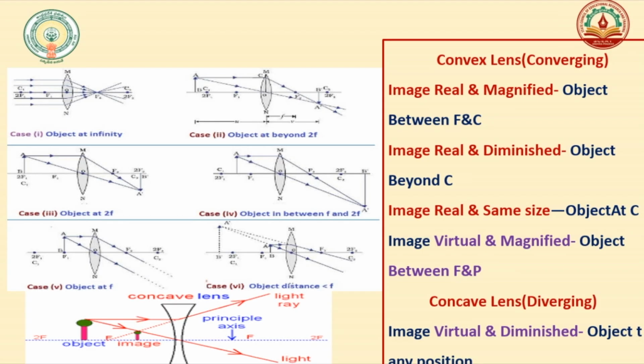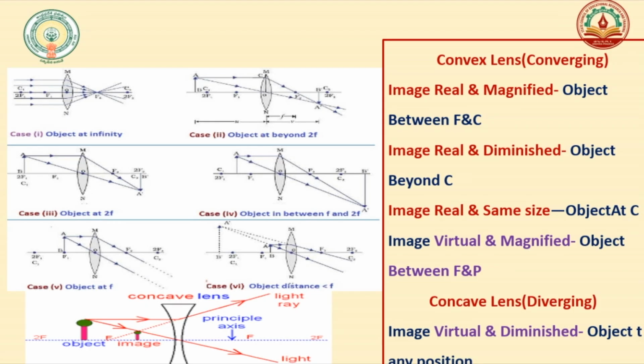For the convex lens, we already discussed that when the object is between F and C, a real magnified image is formed, and when the object is on C, the image will be formed on the other side with the same size, and if the object is kept beyond C, the image position will be between F and C. Likewise, we discussed all the things.